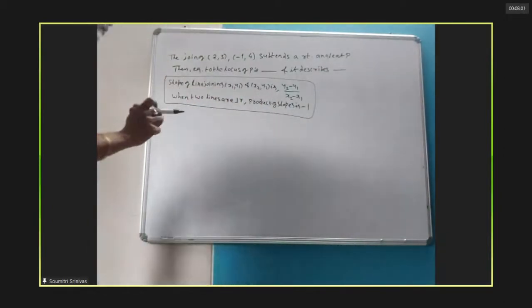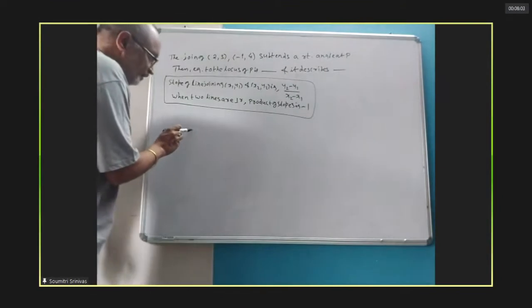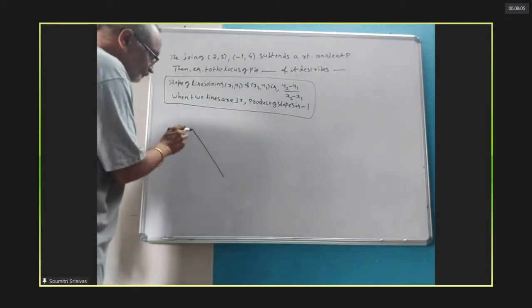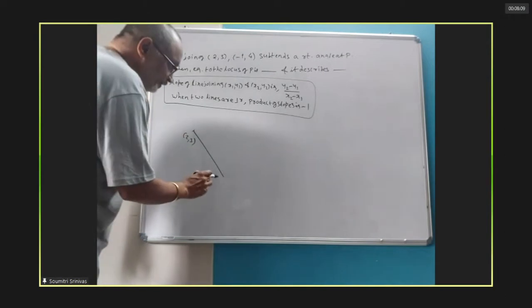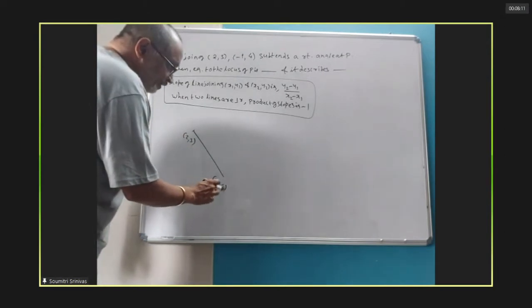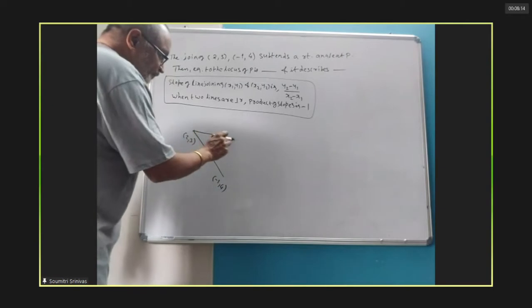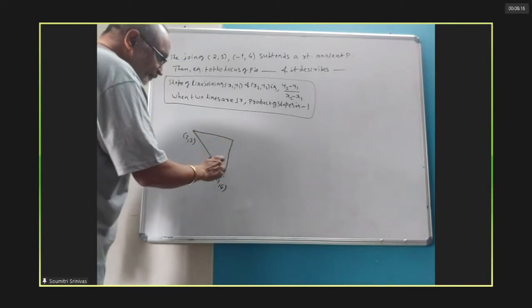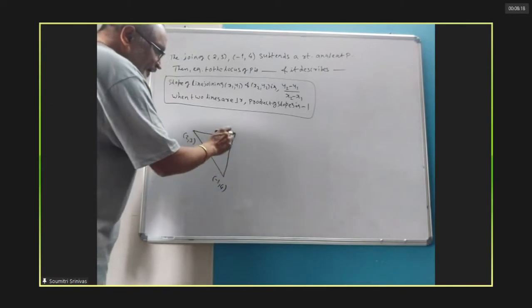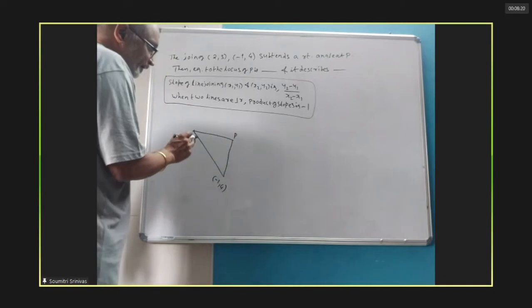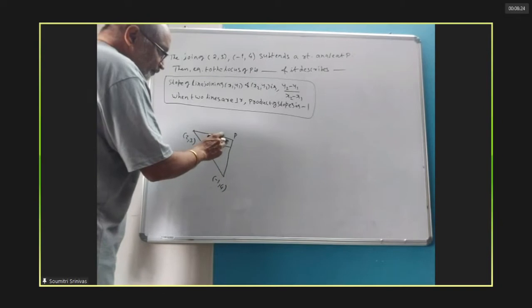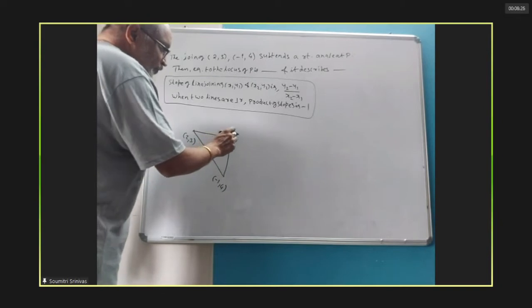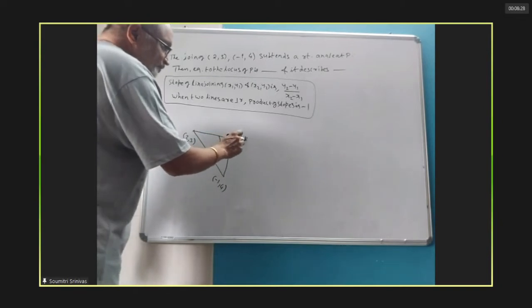Come on. I have a line joining (2, 3) and (-1, 4). It is subtending a right angle at a point P. What is the angle here? 90. What shall we call P as?